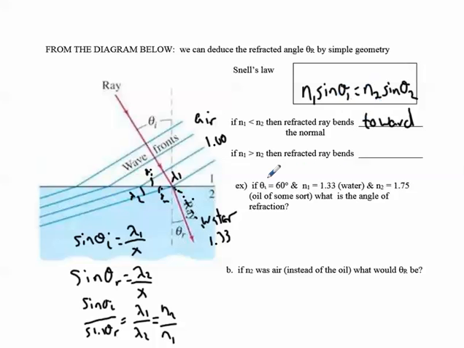Using the same logic, if we enter a medium with a lower index of refraction, in other words, we reverse this ray, starting in water and entering air, we see that it refracts, and theta I is greater than theta R. I take that back: theta R in this case is greater than theta I when we reverse it. So when you enter a lower index of refraction, in other words your initial index is greater than your second one, the refracted ray bends away from the normal.